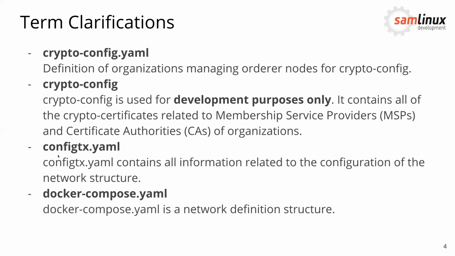And the third thing is the Configtx YAML file. That contains information related to the configuration of the network structure. So this is also a file we are looking into and have to make some changes to, which fit our needs. And the Docker Compose file is the definition for the network structure. When we look into the Fabric samples, we have also base Docker Compose files and sub Docker Compose files, which we can include in a main Docker Compose file.